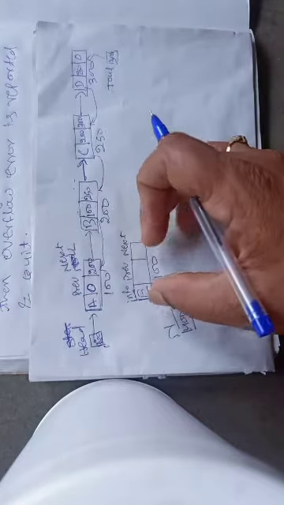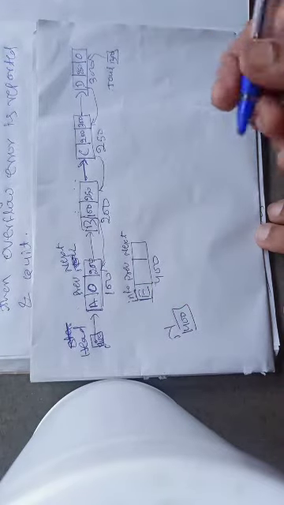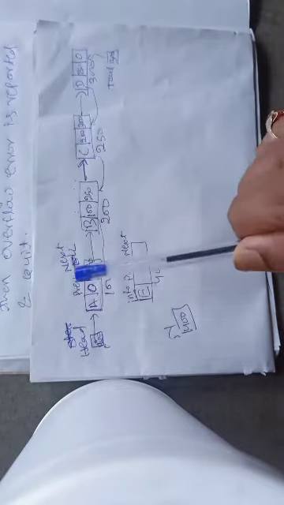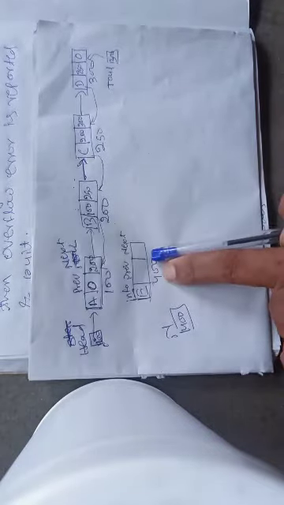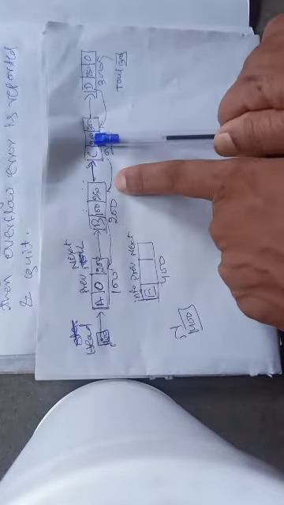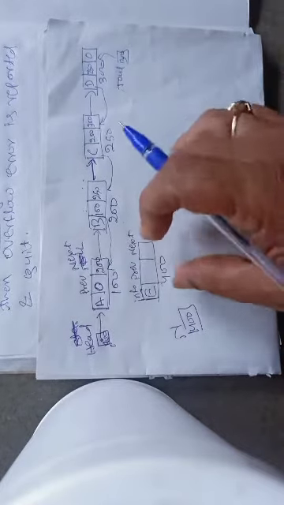Now there are three alternative positions. Either I can attach this new node at the beginning, or I can attach it at the end, or I can attach it in between any two nodes. Any two nodes means, for example, in between the first and second node. When I attach this one in between first and second, this one will be the second node. If I attach it in between second and third, then the new node will be my third node, and so on. So depending upon the position, I will have to attach.